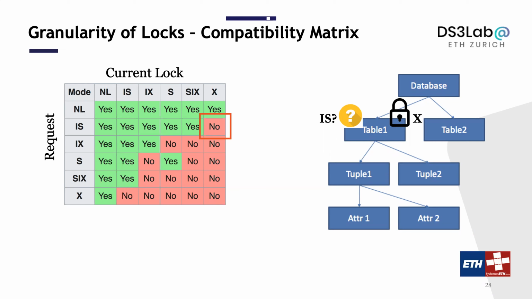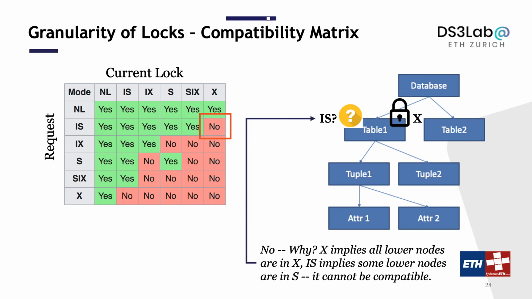So I will have a conflict on some of the tuples. I don't know which tuple it is, because when I acquire the intention shared lock, at least the lock manager doesn't know which tuple I want to lock. But the lock manager knows you want a shared lock on something, and I cannot give you that because a transaction is locking the whole table. So I'm going to ask you to wait. I will not give you this intention shared lock.